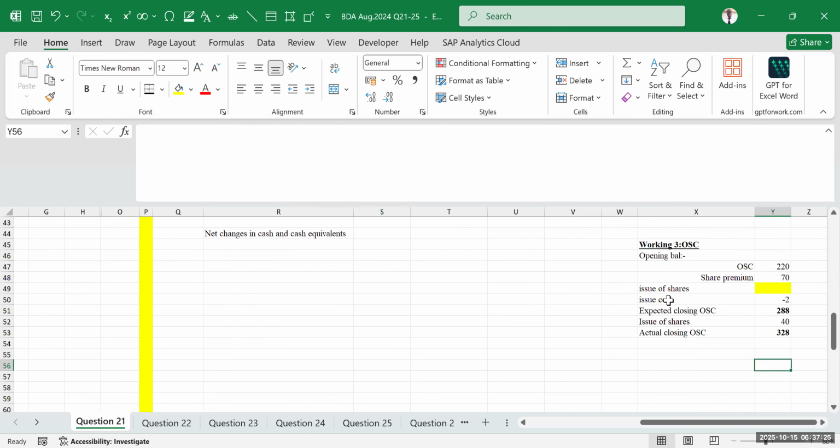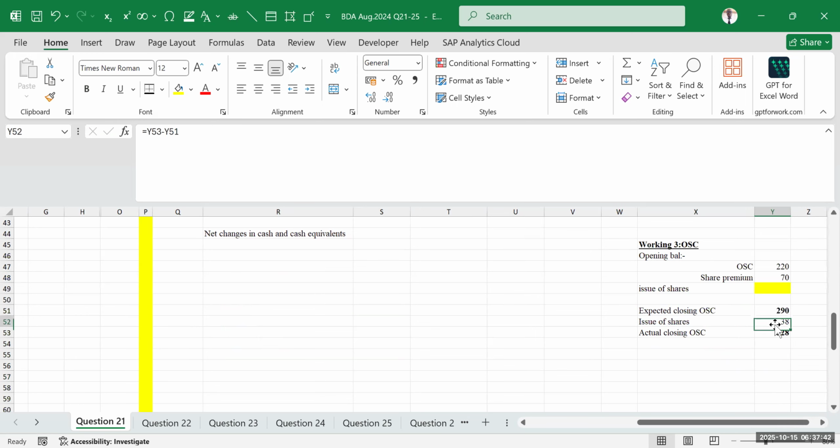I know the issue cost that I've brought in here has come at a point when it should not come, because issue cost will always reduce the amount you receive. Issue cost should reduce the amount you receive when you raise the finances.